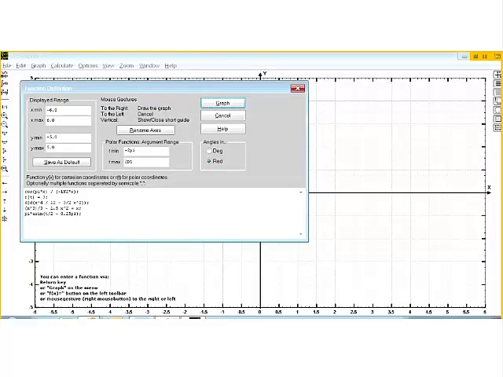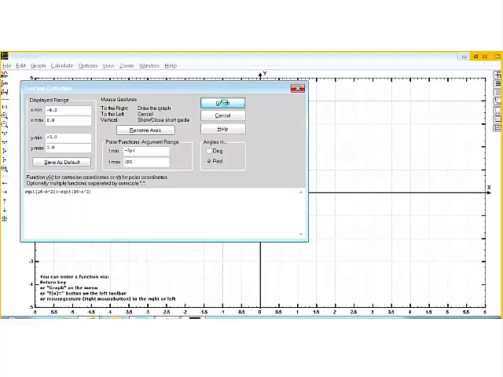Okay, there's the graphing program. One function was positive the square root of 16 minus x squared, and the second one was negative the square root of 16 minus x squared.